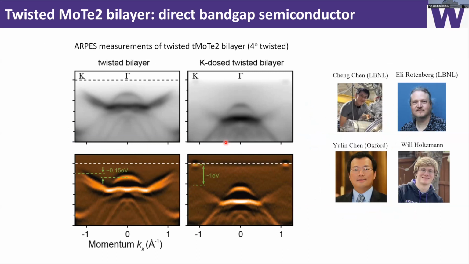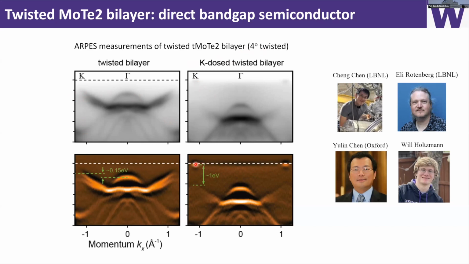So what I show you here is a collaboration with Elaine and Eli and the collaborators on nano-ARPES measurements of a twisted MoTe2 bilayer at 4 degrees. Using this ARPES, you can directly see the top of the valence band at the K valleys. Then once we dope the system with potassium, you can also see the conduction band appear.